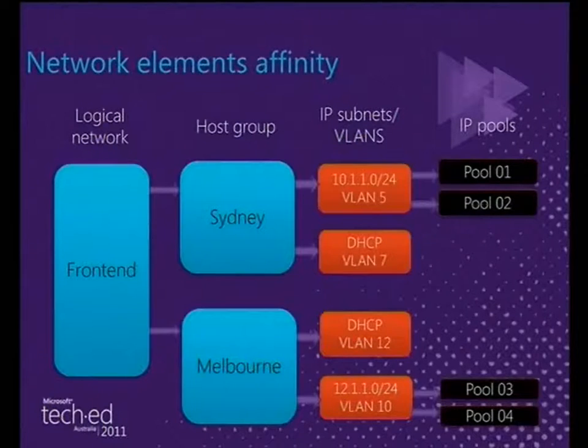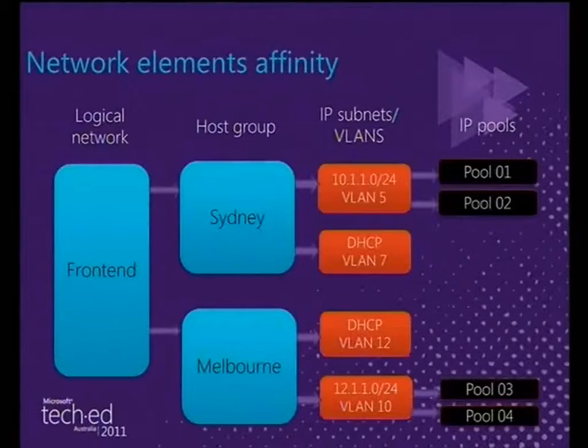He doesn't need to know if it's Sydney or Melbourne, or if the machine will get an IP from DHCP from VLAN 7, or from the 10.1.1.0 range, or if in Melbourne the machine will get DHCP from VLAN 12 or an IP from that range. He doesn't need to know this. When he creates the machine, he just needs to select front end.